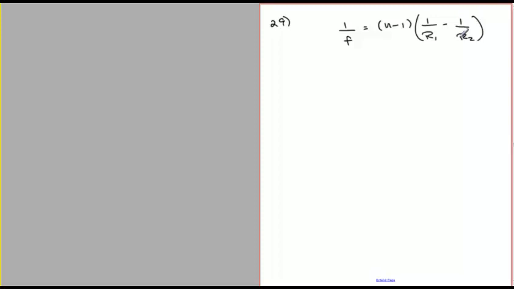Let's see, what does it say? What are R1 and R2? Focal length of a lens in air related to the curvature of its front and back surfaces. So R1 is the radius of the front, and R2 is the back. So in our particular case, this is just a plug-and-chug kind of problem.